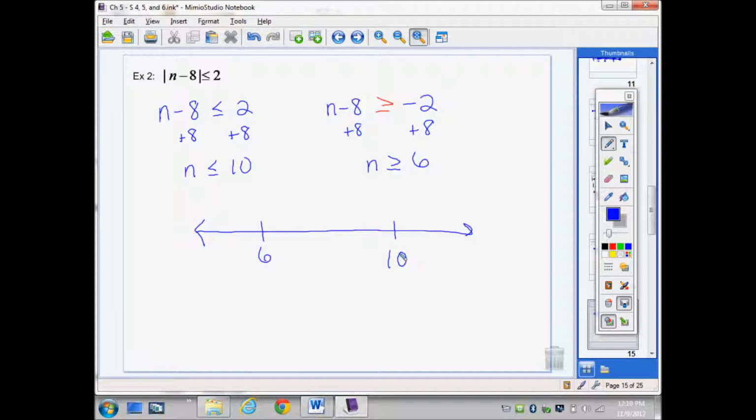Okay. I'm less than or equal to 10, so I get a solid circle, and less than goes that direction. I'm greater than or equal to 6. Goes in that direction. And then we'll shade in between them.